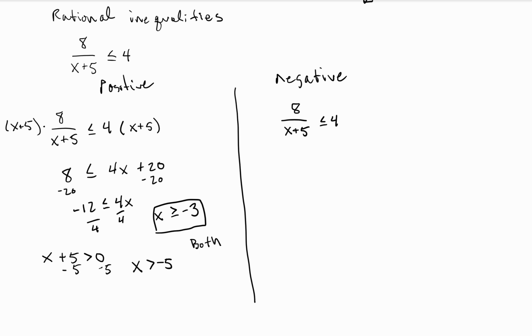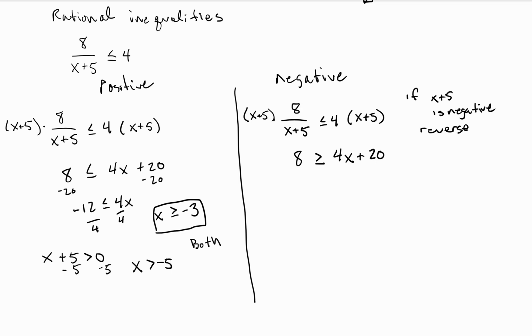All right, so now if it's negative, I have my 8 over x plus 5, it's less than or equal to 4. When I multiply by my denominator, I'm going to get 8 is greater than or equal to 4x plus 20. Because remember, if x plus 5 is negative, you have to reverse the inequality.